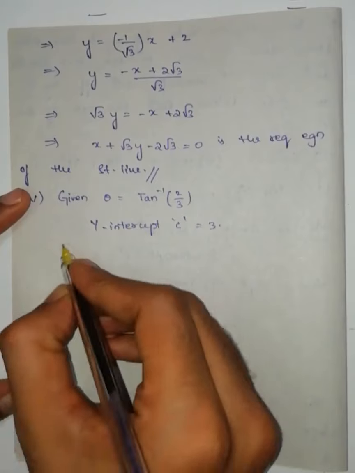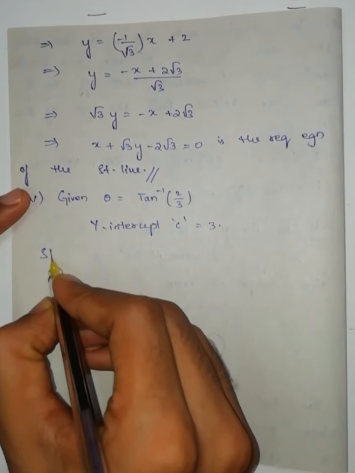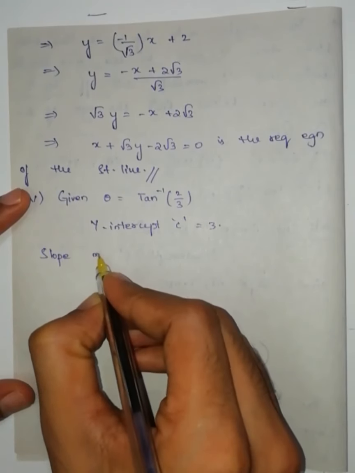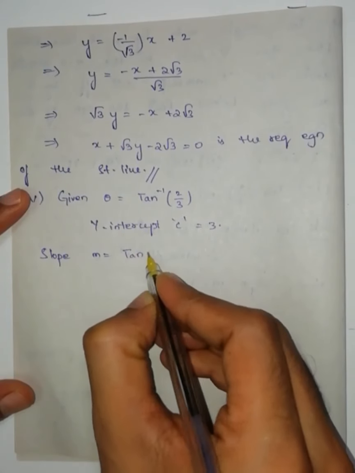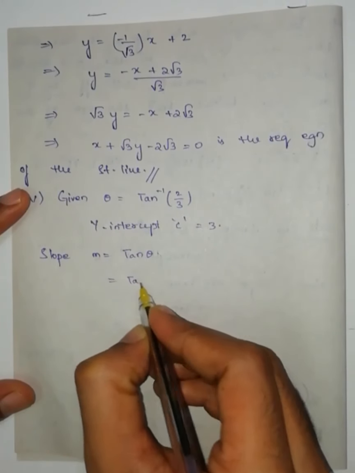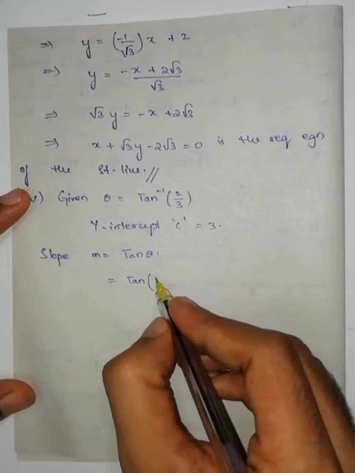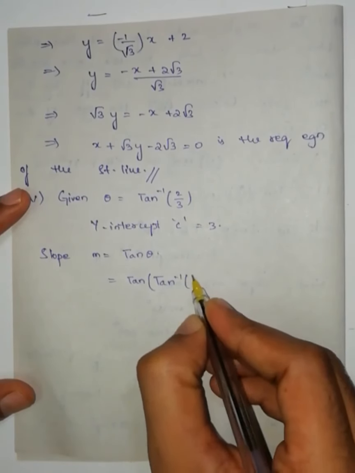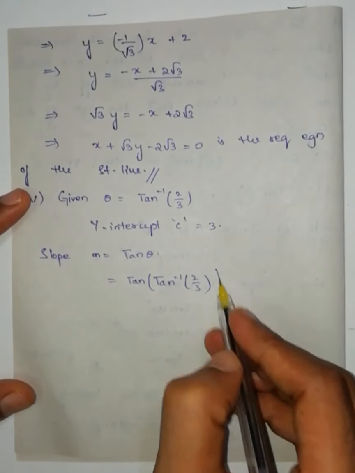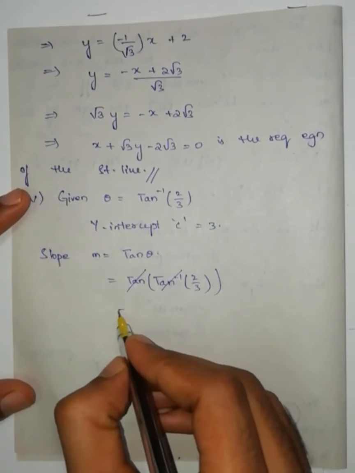Now slope m is equal to tan theta, which is equal to tan of what theta value we got? Tan inverse 2 by 3. Tan and inverse get cancelled, we will get 2 by 3.